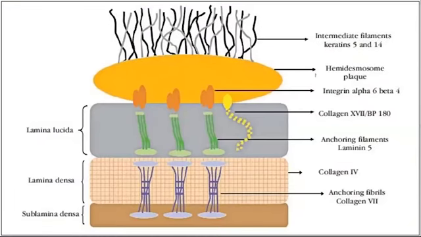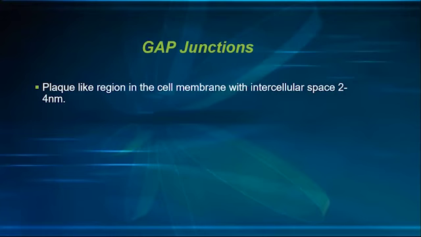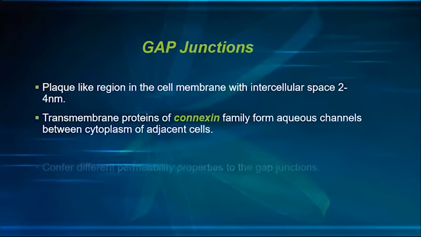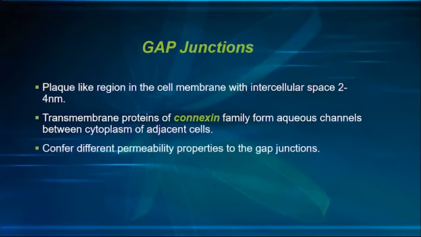Then we have the final type of cell junctions, that are the gap junctions. It is a plaque-like or panel-like region present on the cell membrane.